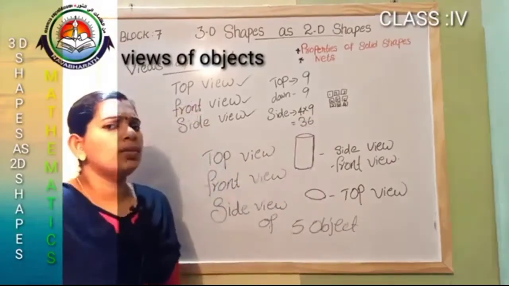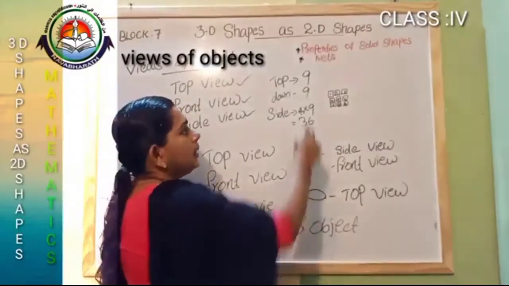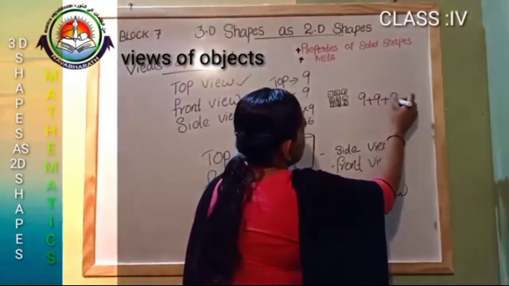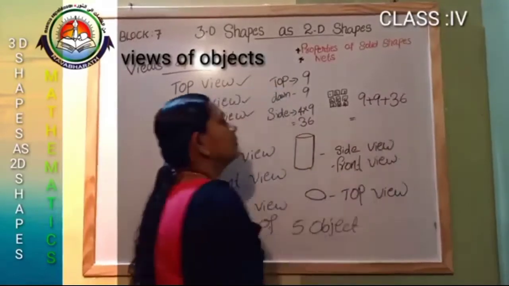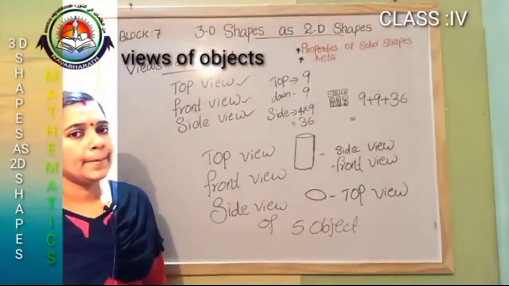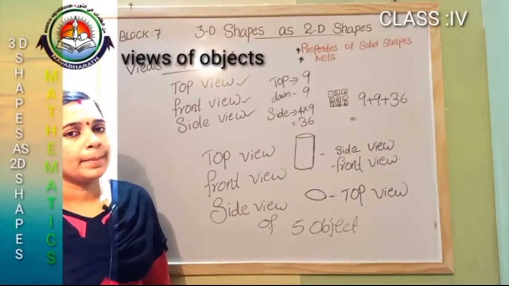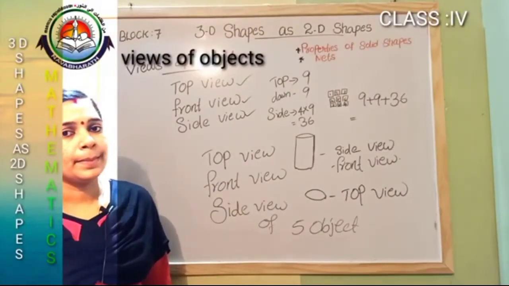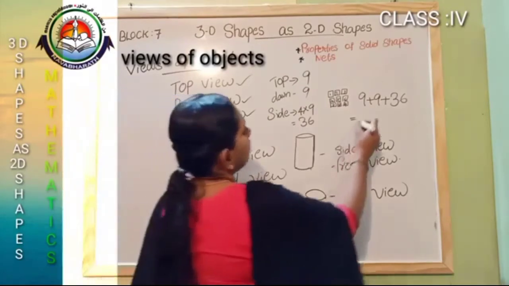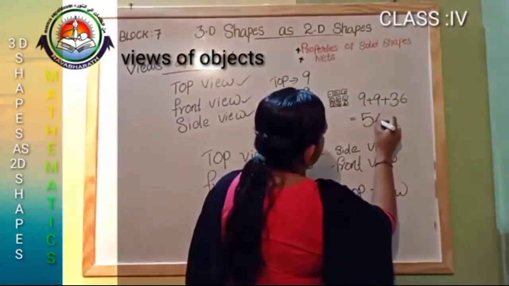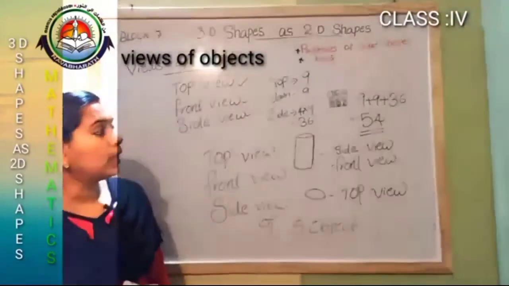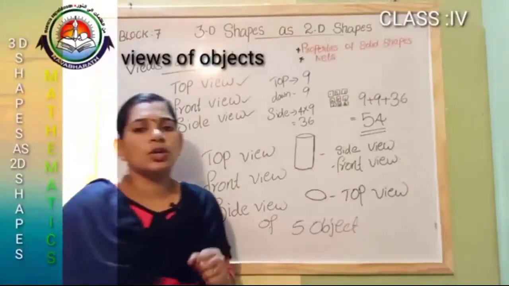Then how many small cubes are there in total? 9 plus 9 plus 36. What is that? 54. Very good. 54 small cubes are there.